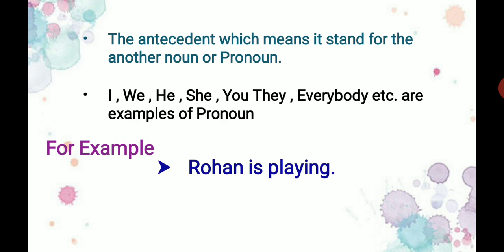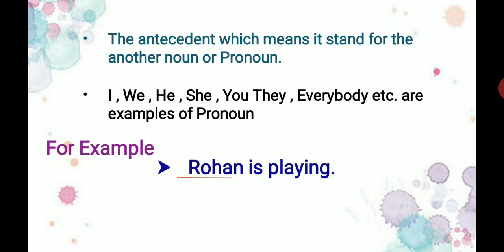First is, Rohan is playing. What is the noun in the sentence? Rohan. Now if we want to write another word, a pronoun, instead of Rohan, then what will we do? We use one word which is used for a boy.